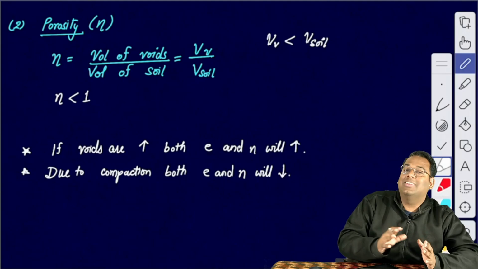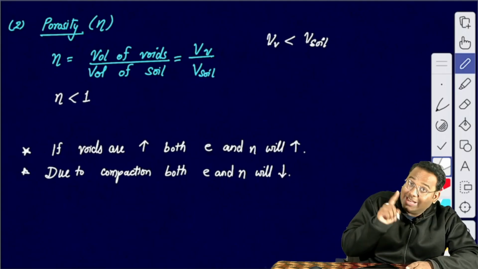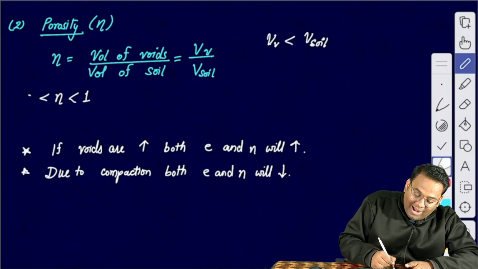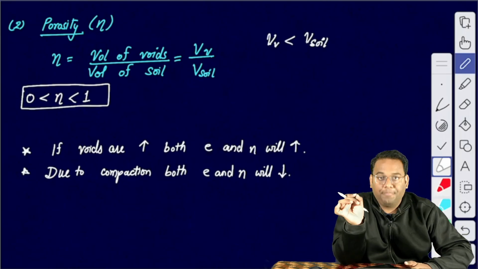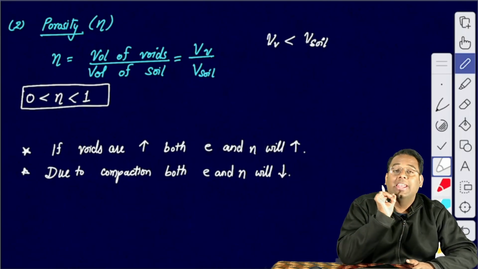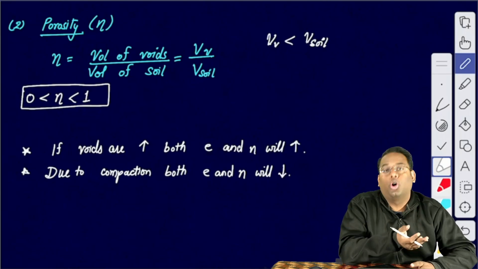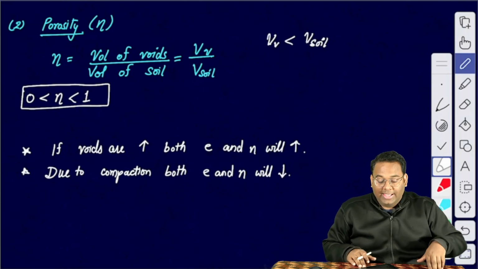So we can say that voids can never be equal to 0, and hence eta will always be more than 0. Hence we can write the complete range of eta as lying between 0 and 1. It can never be equal to 0, and it can never be equal to 1 also. Fine. So this is the range of eta.